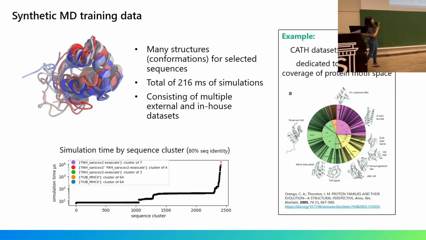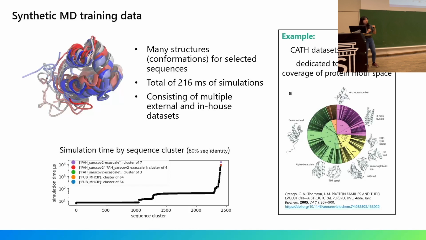If you look at the figure at the bottom, here we show what this dataset consists of. We have thousands of different clusters with relatively short simulations, and a small number of sequences with very long simulations, and we collected them all together.